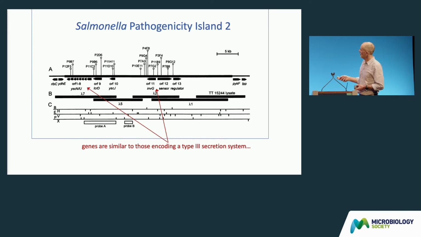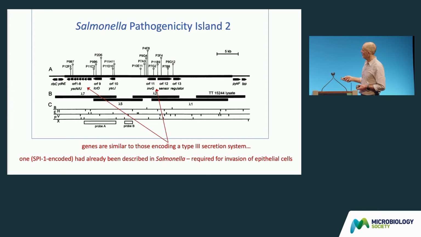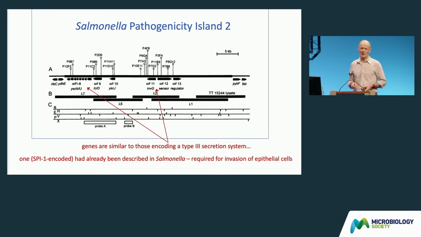So these were similar to an injectosome, and one, which was encoded by Salmonella pathogenicity island 1, had already been described in Salmonella and shown to be important for the invasion of non-phagocytic cells by Salmonella.